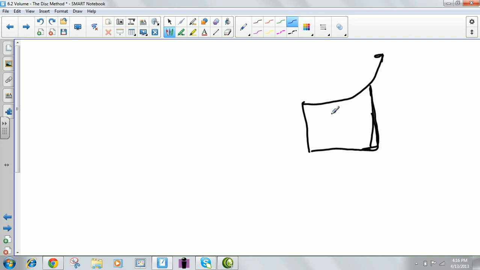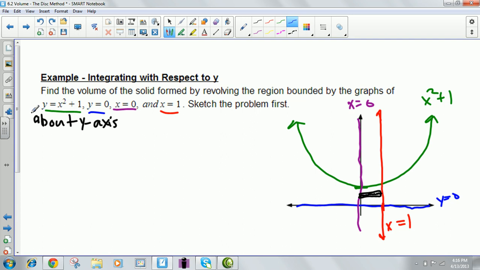So here's the problem. You're going to have to set up two integrals because some of your rectangles are going to have a height defined by this function and this function, and then some of them are going to have a height defined by this function and this function. So you're going to need two integrals for this.